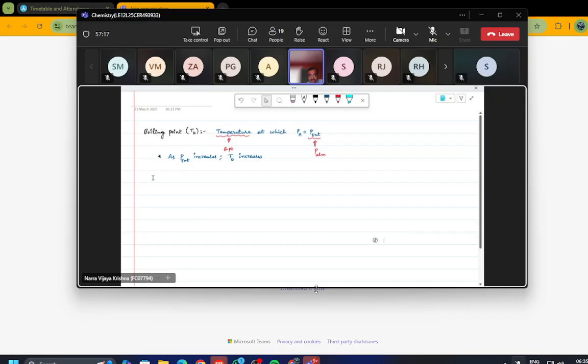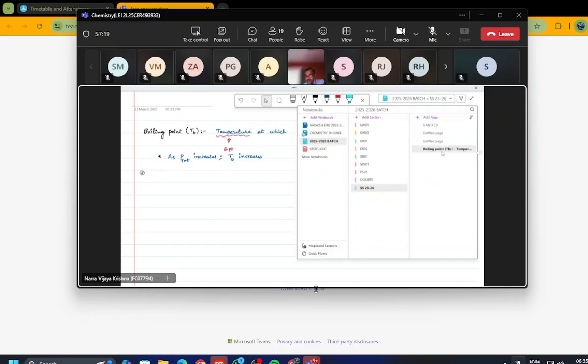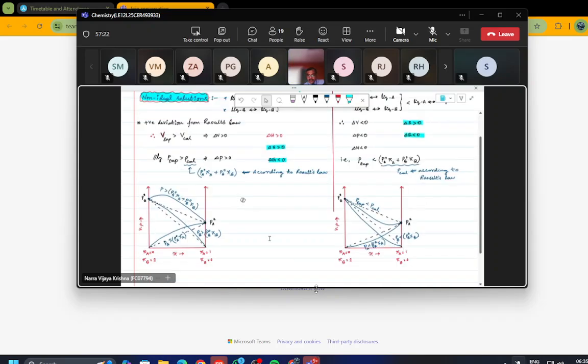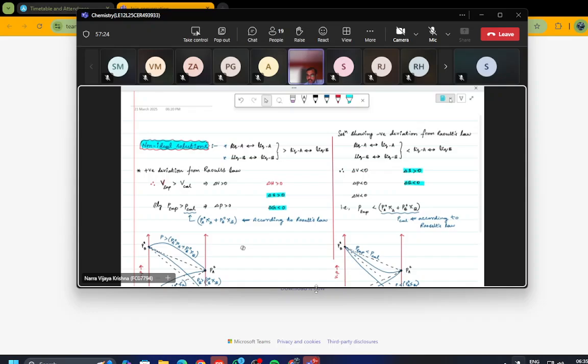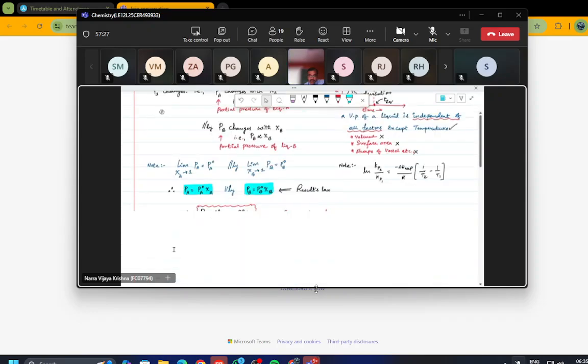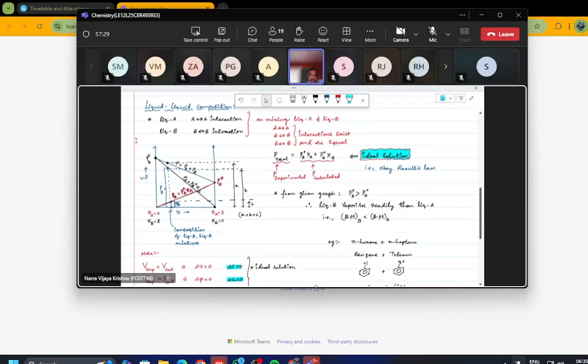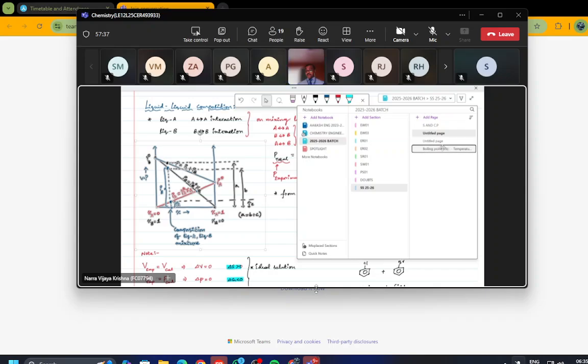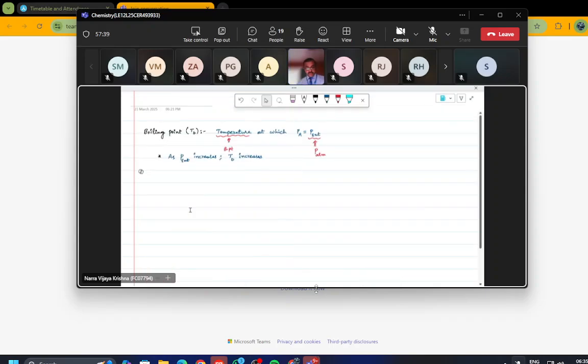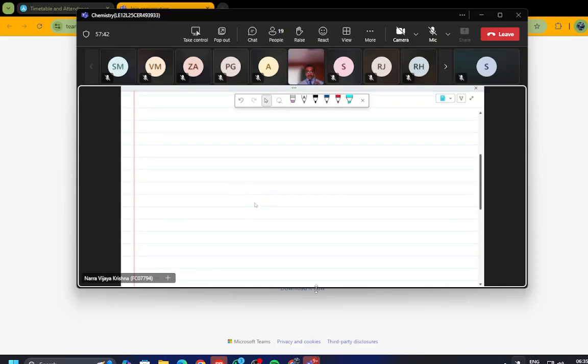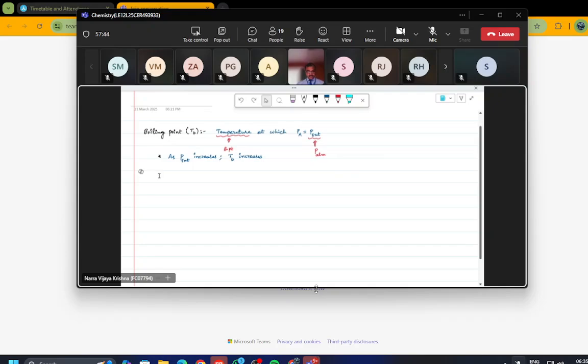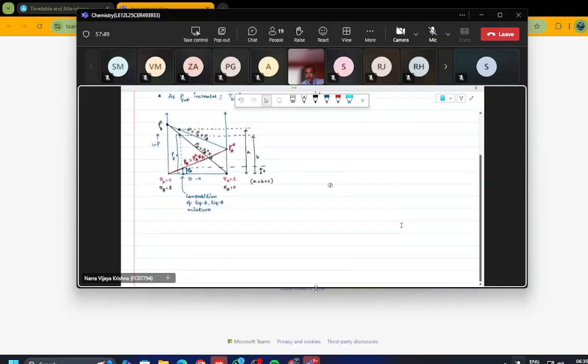Again, I am plotting the graph. This is the graph for ideal solutions, right? So in this, I am removing all this nonsense stuff.